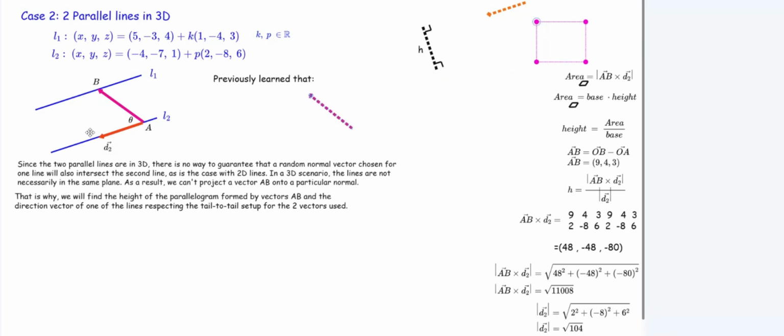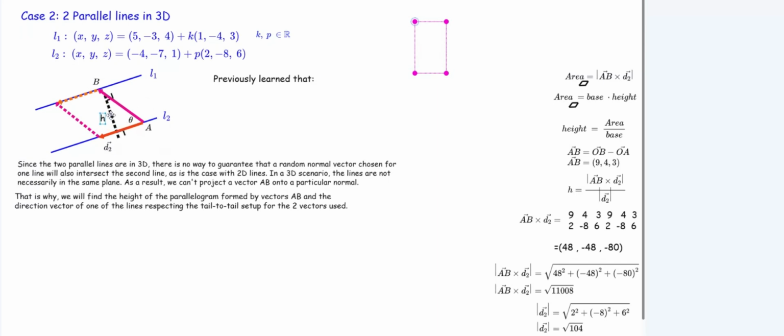Now these two vectors are going to create a parallelogram between them. I will extend this to help you see the parallelogram that will be formed, which will make it easier for us to think about how to find the height of this parallelogram, which will become the distance between the two lines.